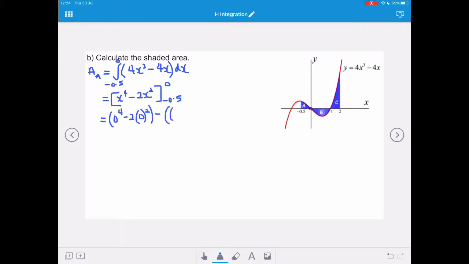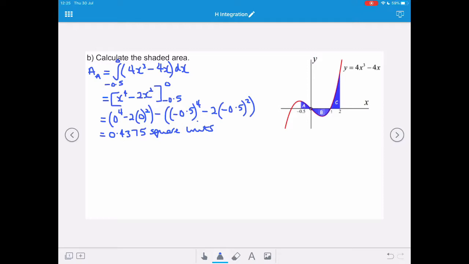And we're going to subtract negative 0.5 to the power of 4 minus 2 times negative 0.5 all squared. And this evaluates to 0.4375 square units, which is the area of our first chunk A.